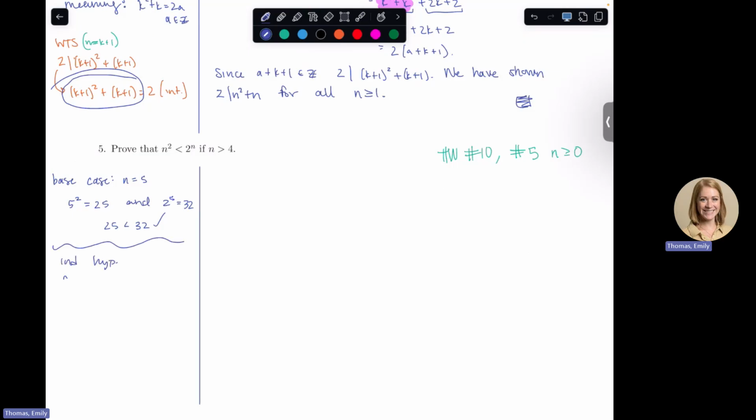For the inductive hypothesis, we want to assume for some integer k with k bigger than or equal to 5 that what?